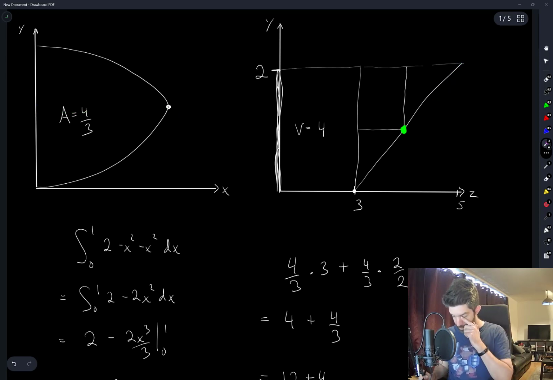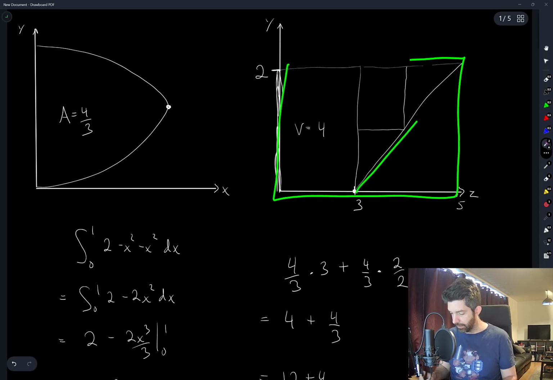And so if I didn't have this plane, if I just said that Z was bounded between 0 and 5, then I would just take this area and multiply by this entire distance 5, and that would give me this whole volume.